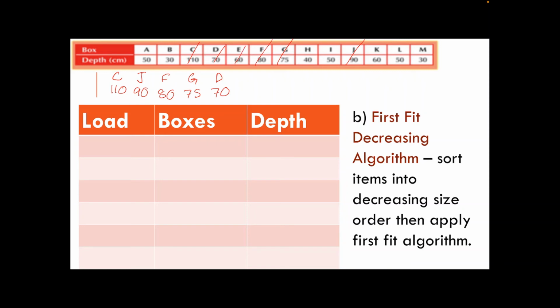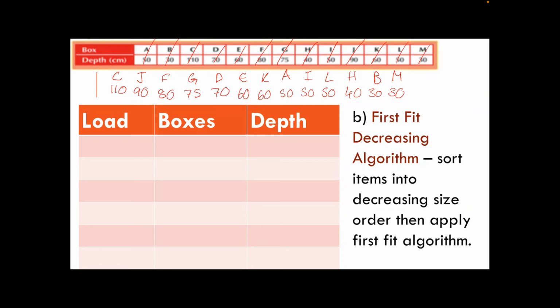Then we've got E is 60, as is K. A is 50. I is 50. L is 50. H was 40. And then B and M are both 30. And I've got 13 letters there, so I know that I haven't missed any out.